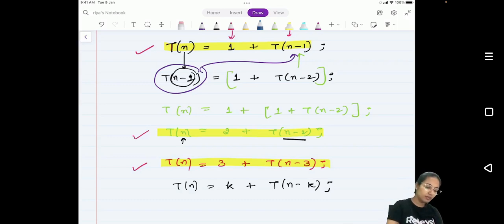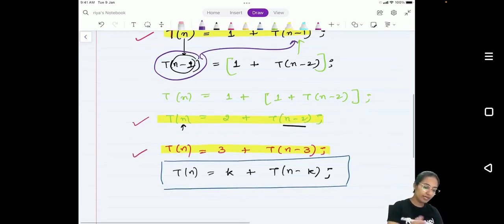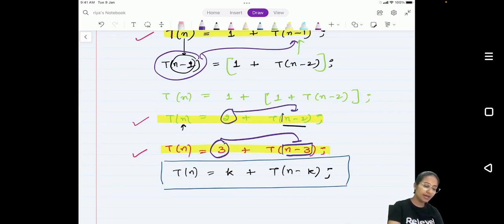That would be the general equation over here. What that means is that here we have 3, so we had n minus 3. Here we had 2, hence we had n minus 2.